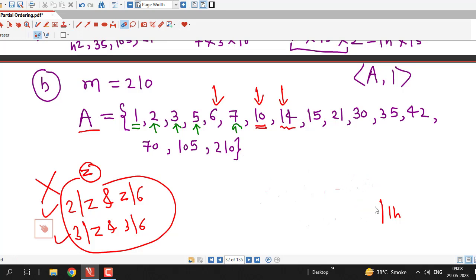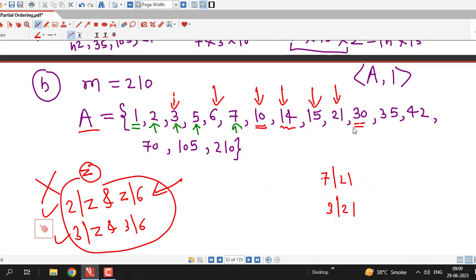So 15 will be a cover of 3 as well as 5. 3 divides 15 and 5 divides 15, and there is no integer z in between 3 and 15 and 5 and 15. What about 21? So 21 will be a cover of 7, because 7 divides 21, and it is going to be a cover of 3 also, because 3 divides 21 and there is no integer in between.